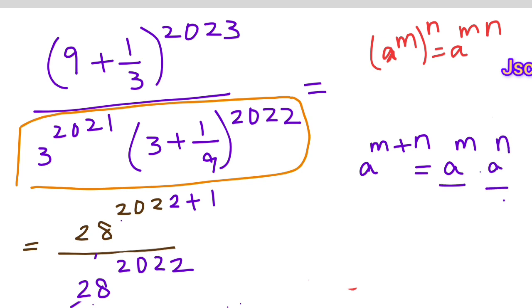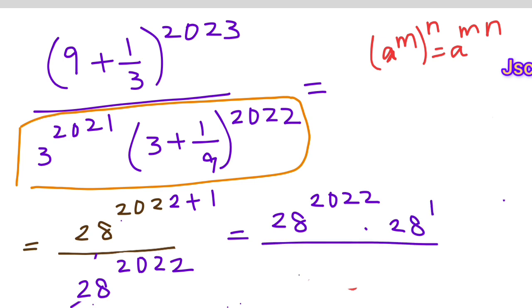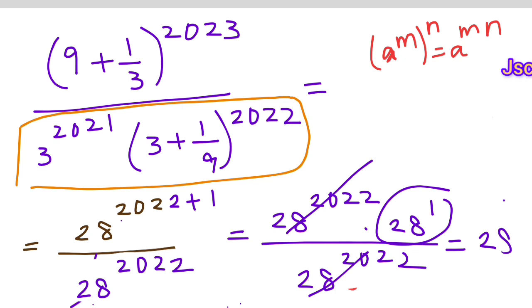When bases are the same, we can add the exponents. So use that property. I am going to write 28 raised to the power of 2022 times 28 raised to the power of 1 over the denominator 28 raised to the power of 2022. Now see here, numerator and denominator get cancelled, so we are left with only 28. So the result is 28.